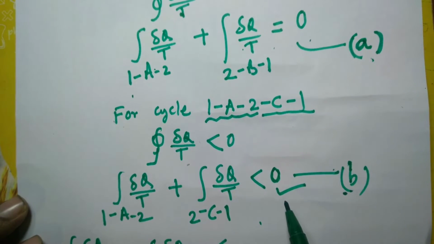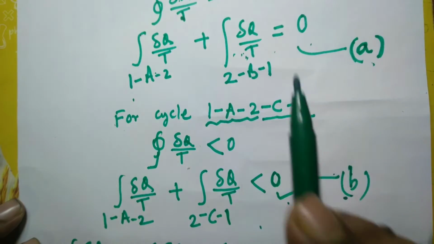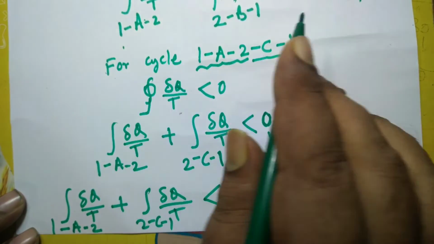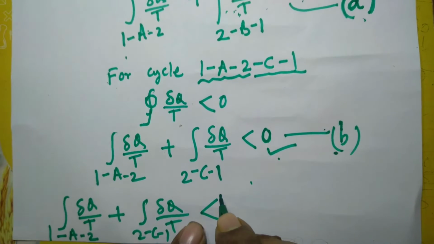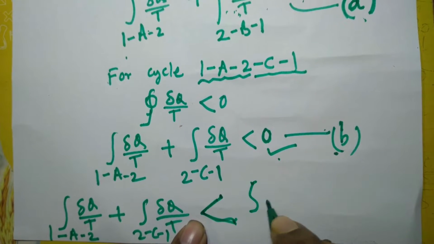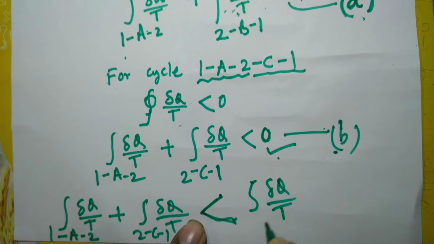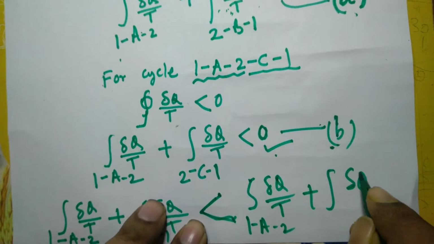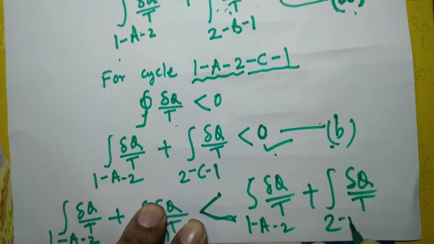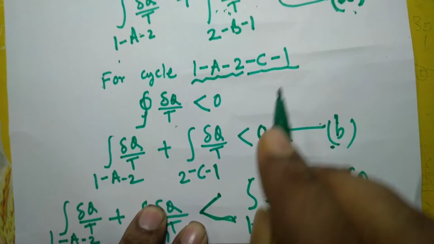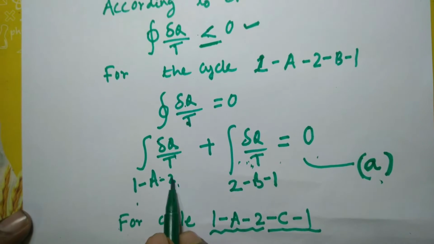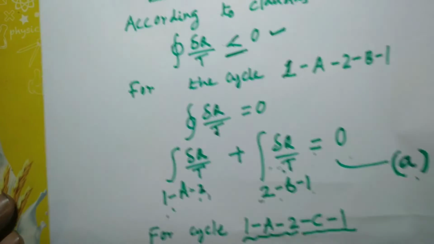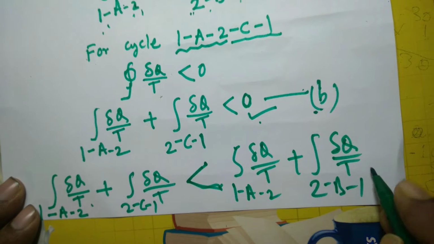So in place of 0 I will write del q by T along 1A2 plus del q by T along 2B1, and this comes from equation A only. Suppose this is equation C.